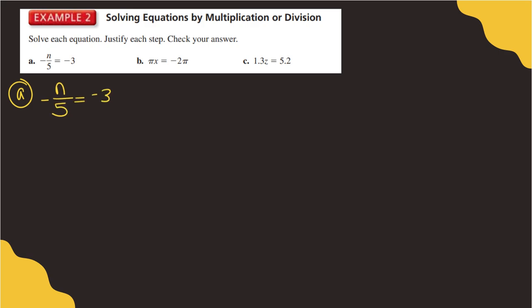In this case, we have a fraction, which is the same as division, correct? So we're going to use the multiplication property of equality. If we use the multiplication property of equality, we're going to multiply both sides by negative 5, so we can get rid of that fraction. So we multiply by negative 5. Let me write in another color so we can see it.